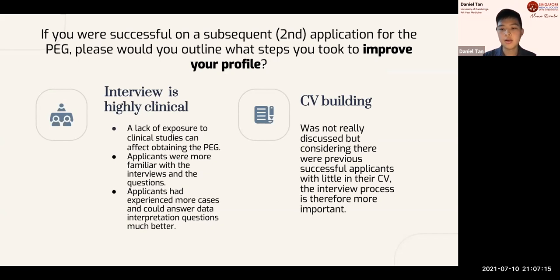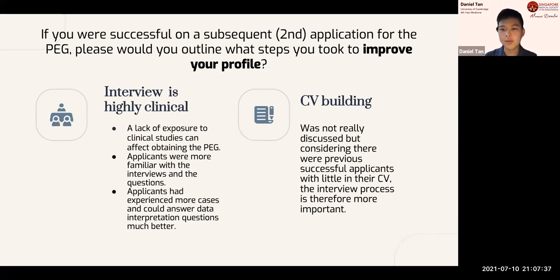So in terms of that, when applicants redid the interview, they were probably more aware of how the interview was structured, or more aware of clinical studies, because for example, sometimes these applicants were intercalated students and had little to no exposure to clinical studies.